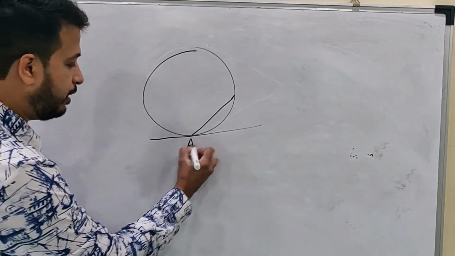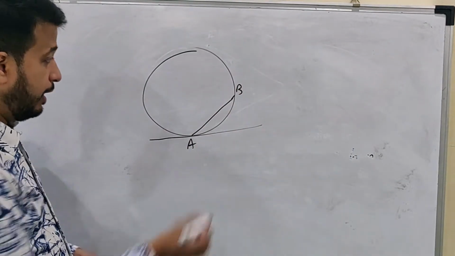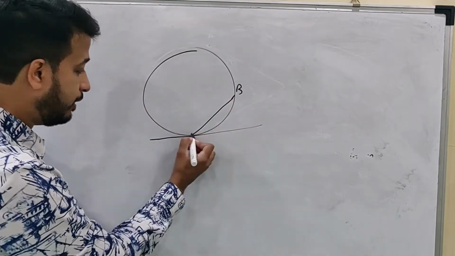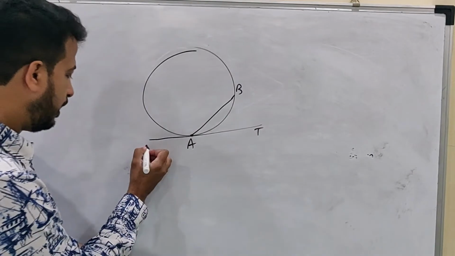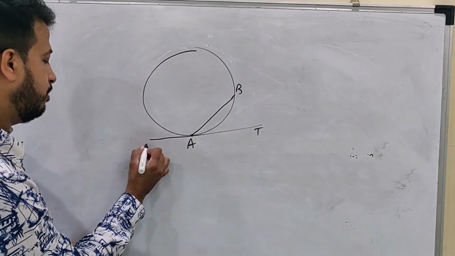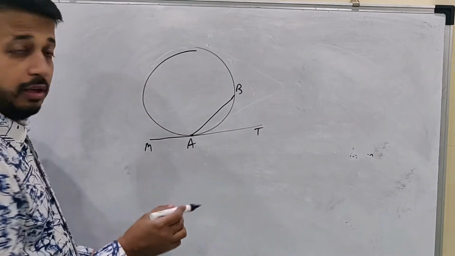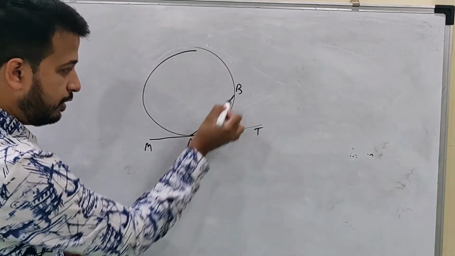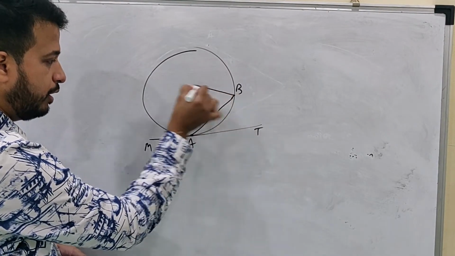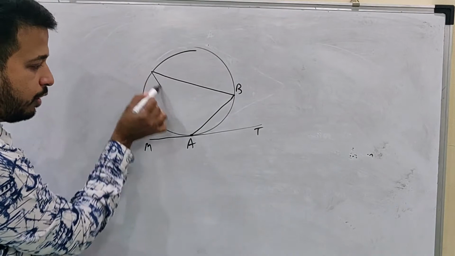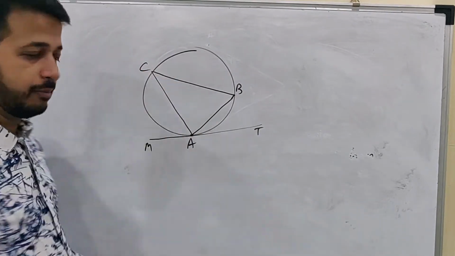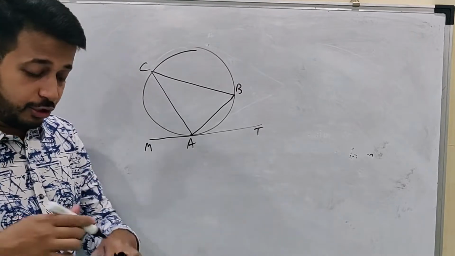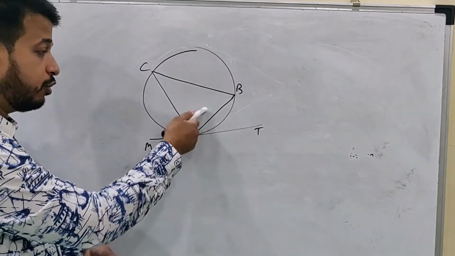So this AB is my chord and the circle is touching this tangent at point A. Here I name this T, and this is my M point. Now with respect to this chord, I'm drawing one angle and I'll name this angle C. So here we have a relation between a tangent and a chord.